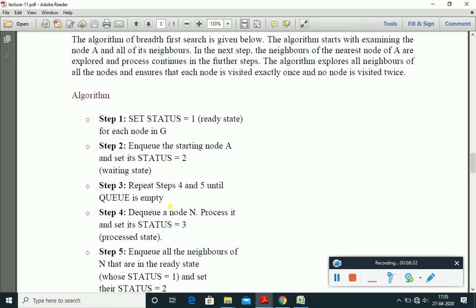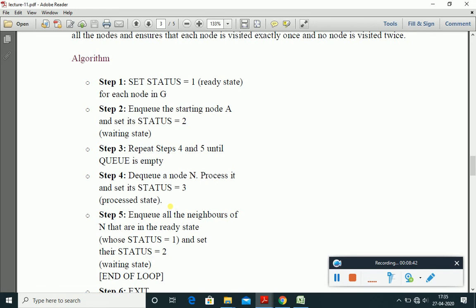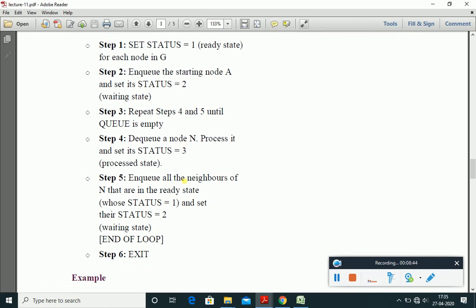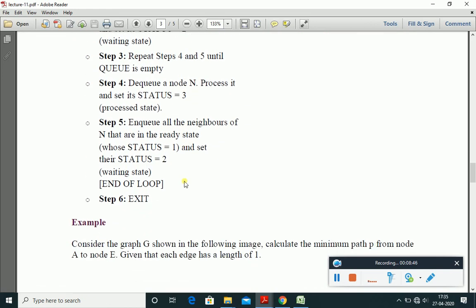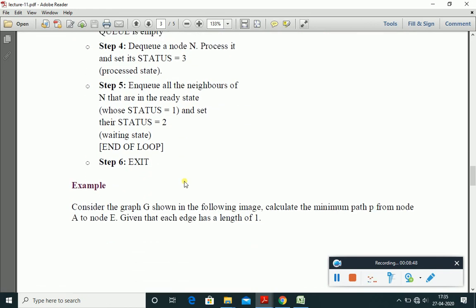In the queue we use the approach of first in first out, while in the stack we used last in first out. All the remaining part of the algorithm is the same as what we covered in DFS.